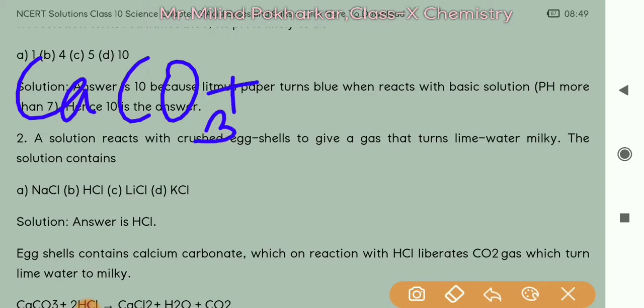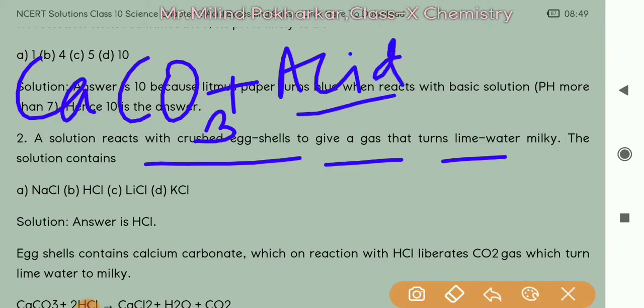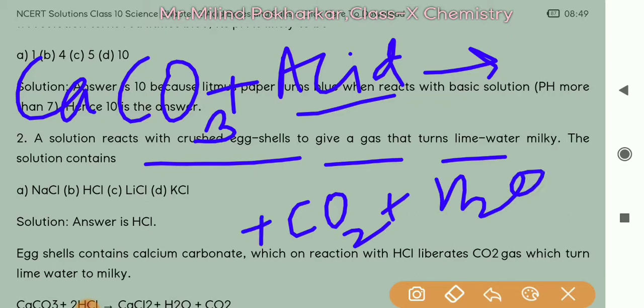When acid reacts with metal carbonates, it forms CO2 plus H2O along with salt.